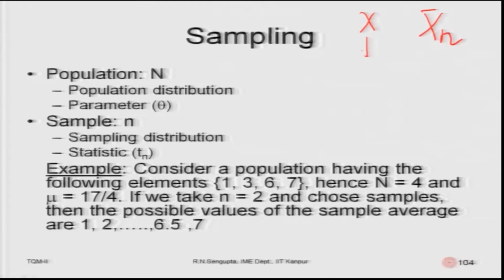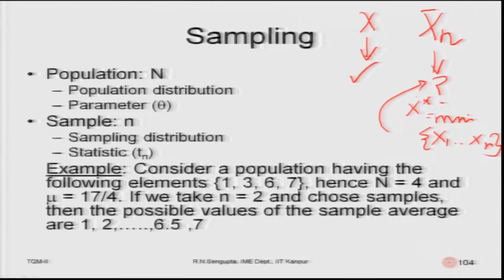If the distribution of this is known, our main task would be to find out the distribution of x n bar, or else I may want to find out, say for example, x star, which would basically be the minimum value among x 1 to x n. I want to find out the distribution of that. So, that is also important. That may be the sample distribution which I am looking for.